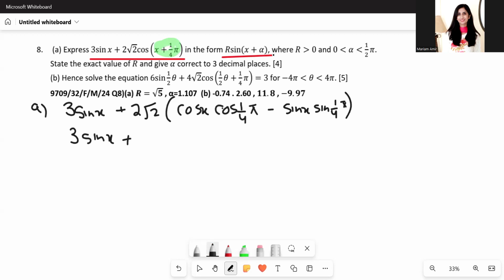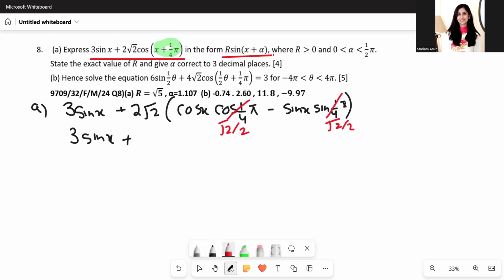Make sure the calculator is in radians. Okay, this is square root of 2 upon 2. And sine 1 by 4 pi is also square root of 2 upon 2.